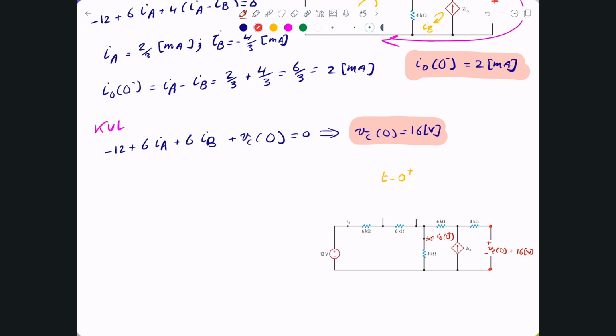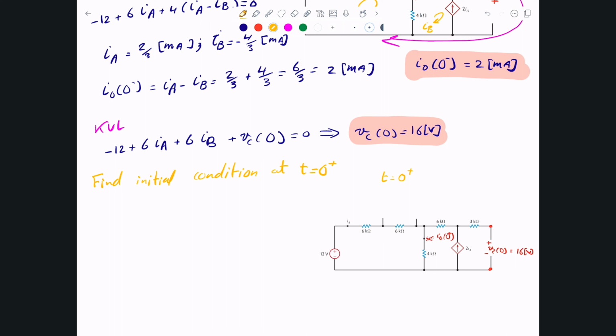So we continue, and what I will do is I'll say basically finding the initial condition at t equals 0 plus. That's what we're looking for. Again, there's multiple ways that we can do this, and what I will do is I'll refer to mesh.